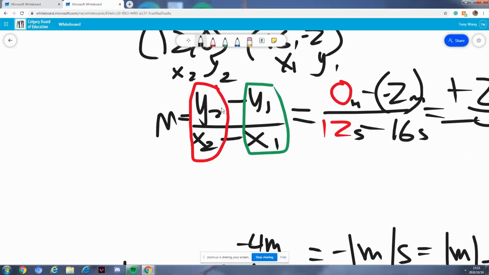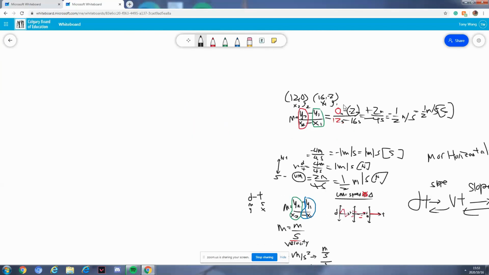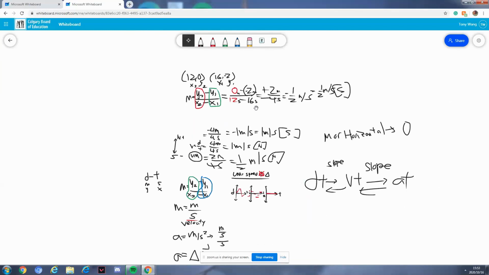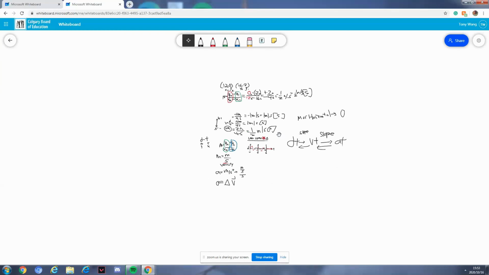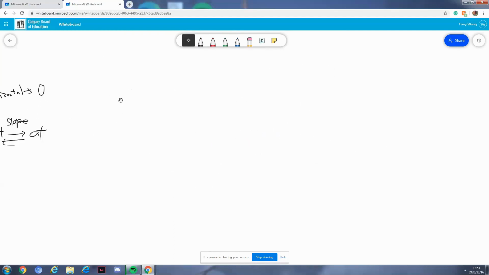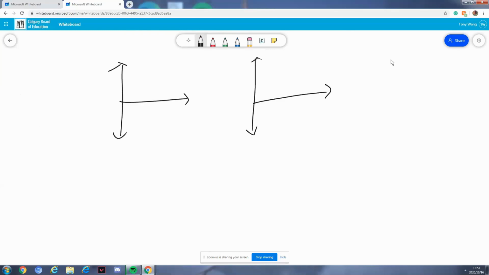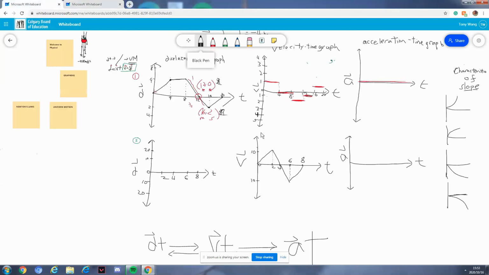So y2 would equal y1, so it would cancel out to 0. But I think I'm diving too deep into a simple concept like slope, so we're going to take it back to the notch. All right, so I'm going to redraw that graph actually. Do you have any ideas on what things might convert velocity back into displacement?